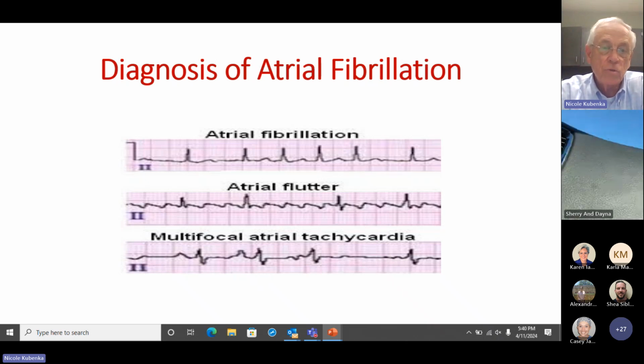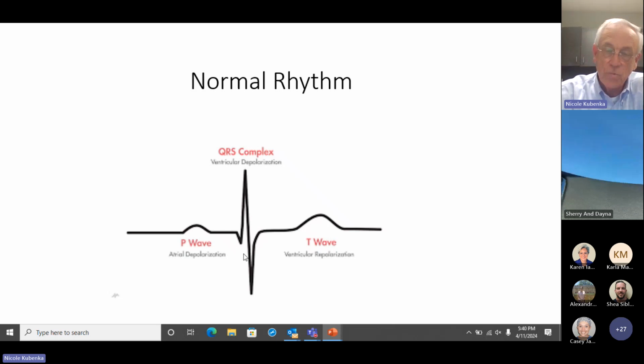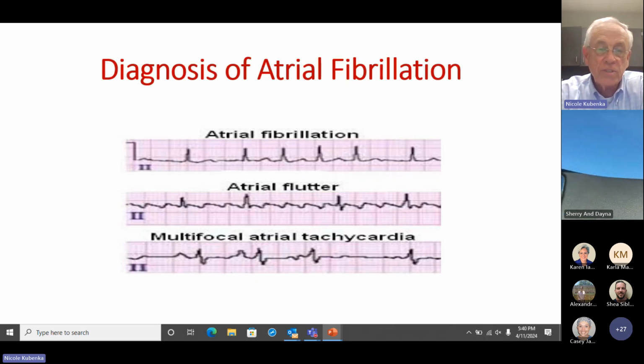The bottom row, you see P waves, but it's still irregular. So all three of these rhythms are irregular. The bottom one has P waves, so it's not atrial flutter or atrial fib, but sometimes people have P waves that just bounce all over the place. So you can have an irregular rhythm because there's multiple P waves trying to pace the ventricle.